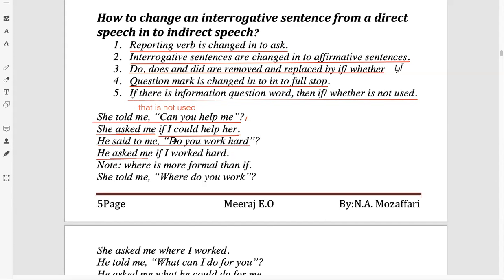So we remove the do, and instead we use if. Do you work hard is changed to positive formula: I worked hard. Why do we change you to I? We said that you, as second person, is changed according to the object. The object is me, so the subjective form of me is I. Do you work hard? If I worked hard. He asked me if I worked hard.